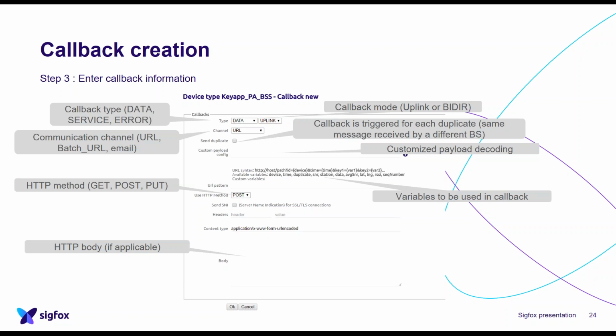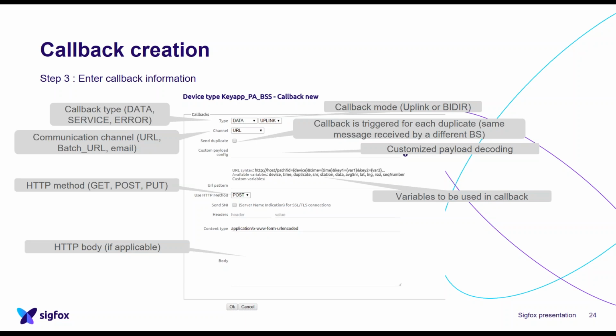Then you will have access to the communication channel. Usually you have the choice between URL, batch URL, and email. The email is just receiving the callbacks through your email, which is quite convenient when you start to develop or to do a simple proof of concept.